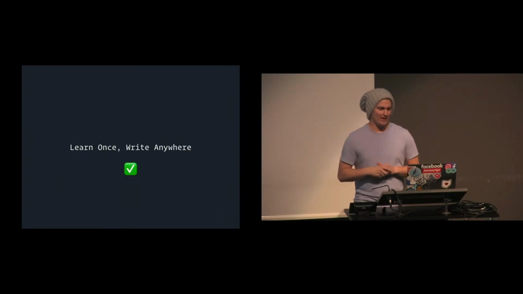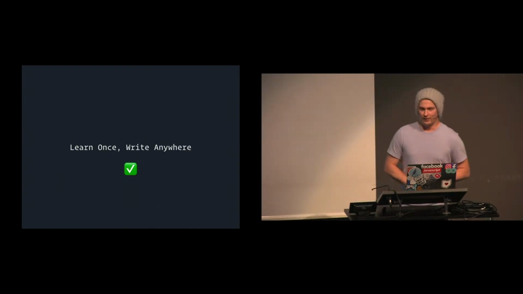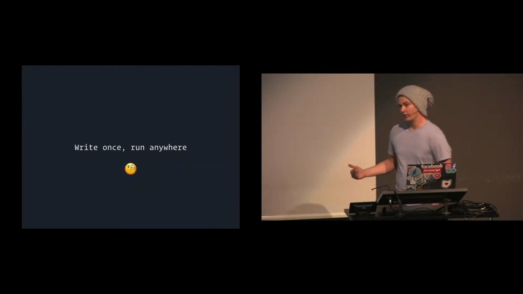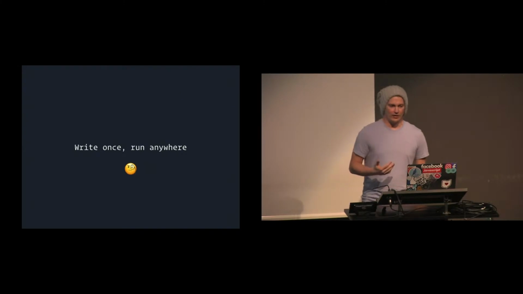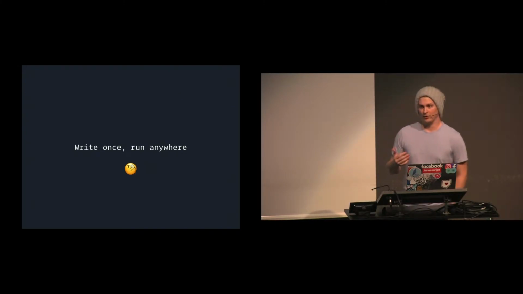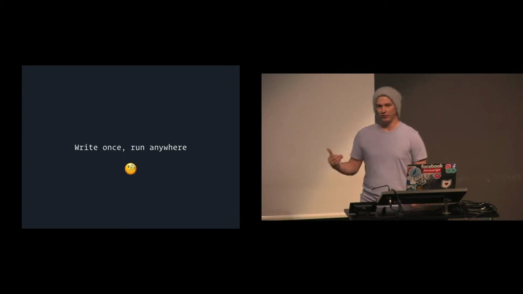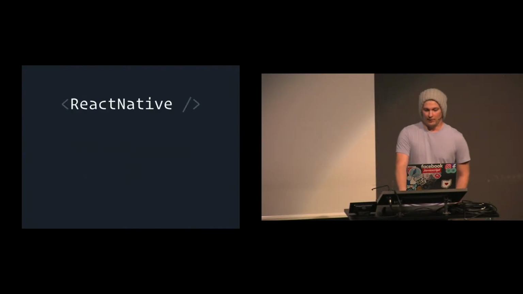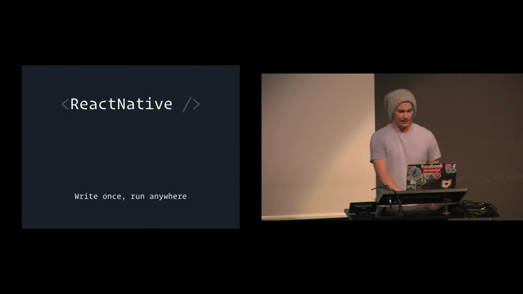So what we want to look at today is something that we haven't focused a ton on, and that's write once, run anywhere. So the idea here is that you write React code, and then you can copy that into your other apps and use those everywhere. And you can do that in a large part with React Native.